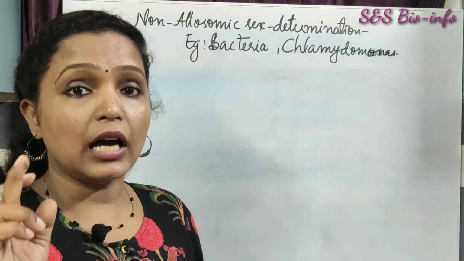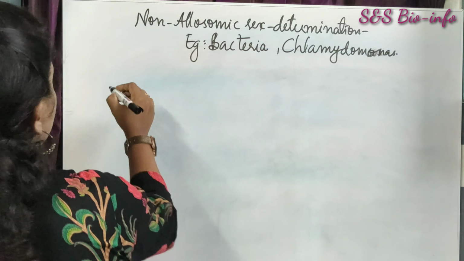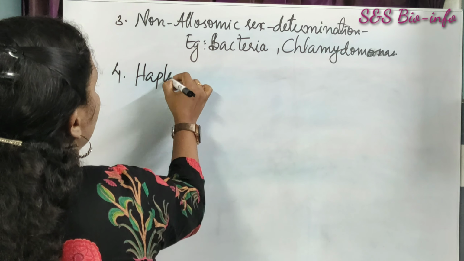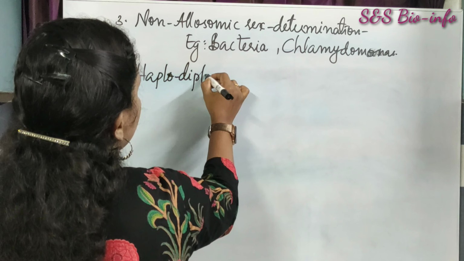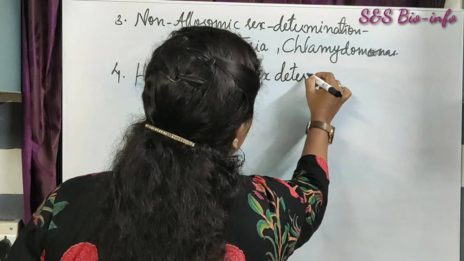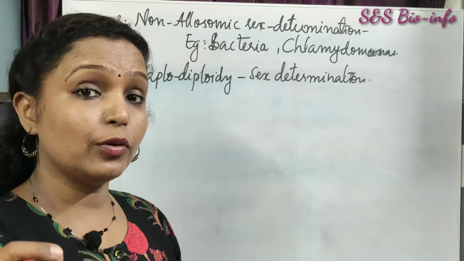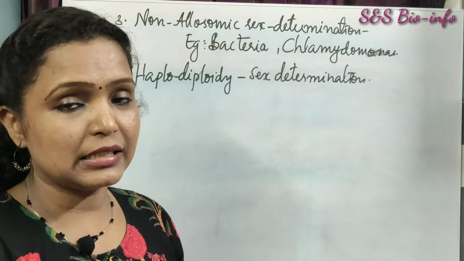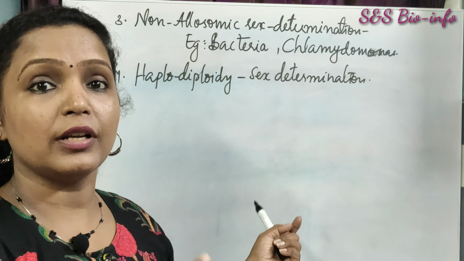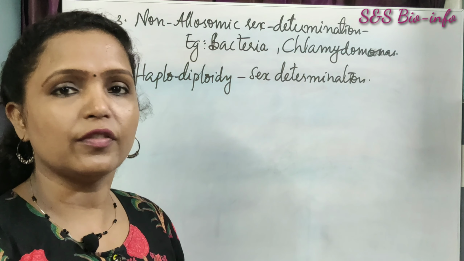Okay. The last type is the haplodiploidy type of sex determination. Haplodiploidy sex determination means that one of the individuals possesses the haploid set of chromosomes, and the other individual possesses the diploid set of chromosomes.